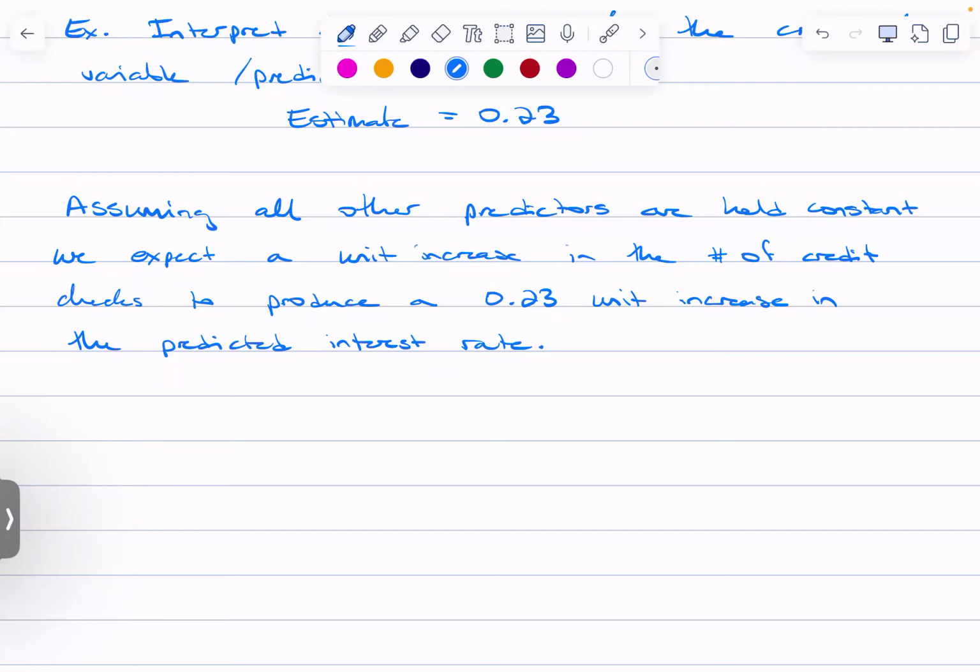So that's the same as when we just had the one value of x, as long as you're holding all the other things steady.